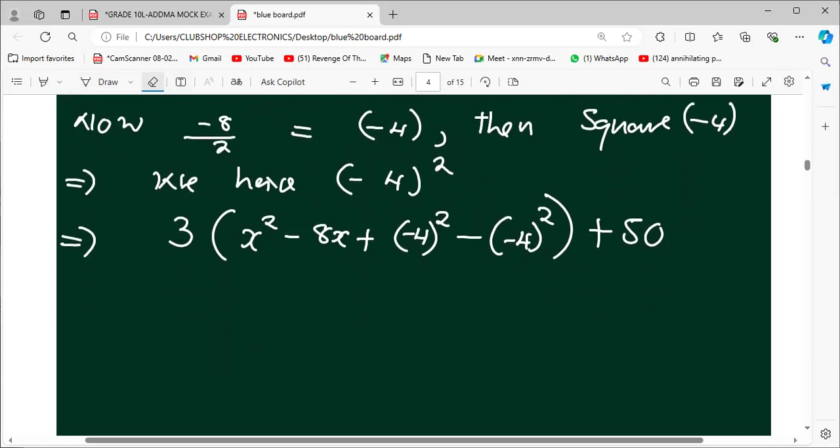So now, what does it mean? We are going to pick this one and this one. So we are going to have 3, open bracket. We pick x. Here we pick the base, negative 4. Everything here will be squared.